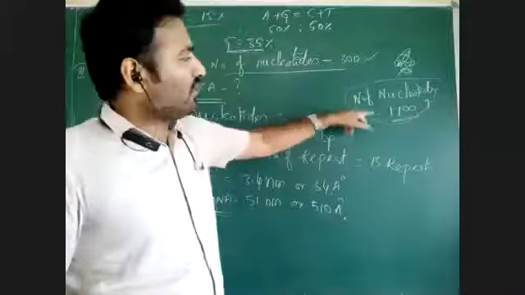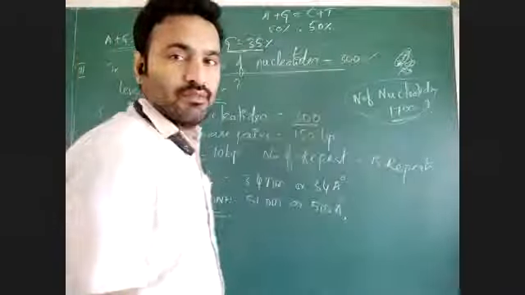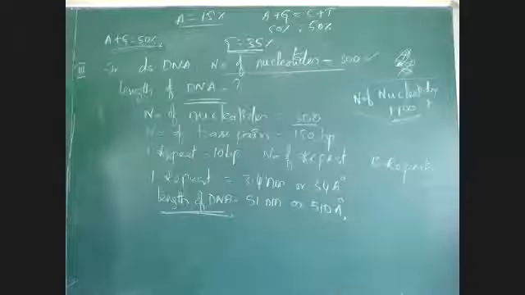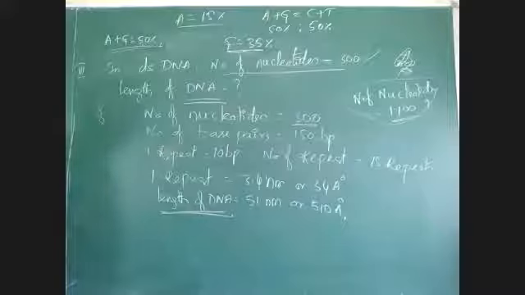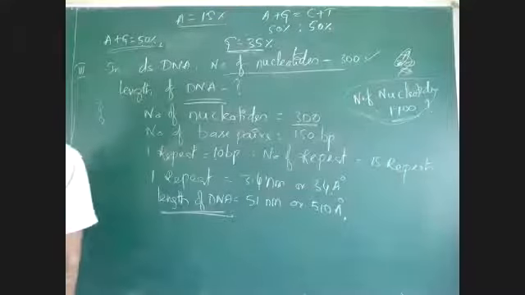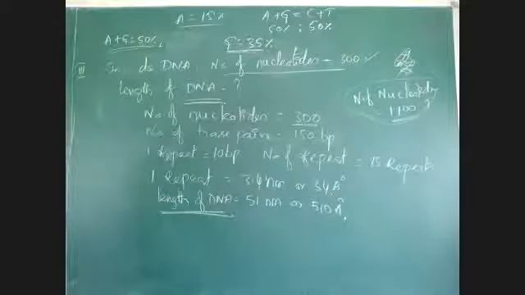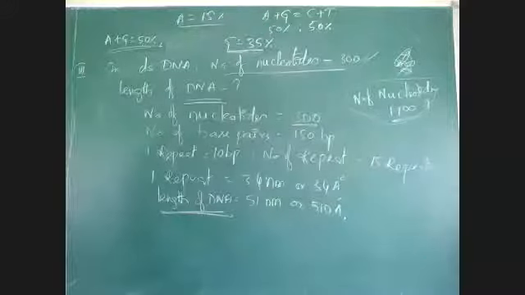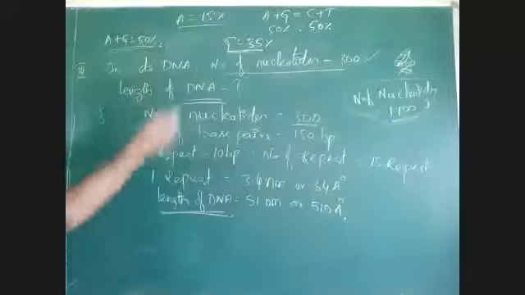Number of nucleotides is equal to 1700. 1700 means what is number of base pairs? Number of base pairs means 1700 by 2, 850 will come. So how to find that length?